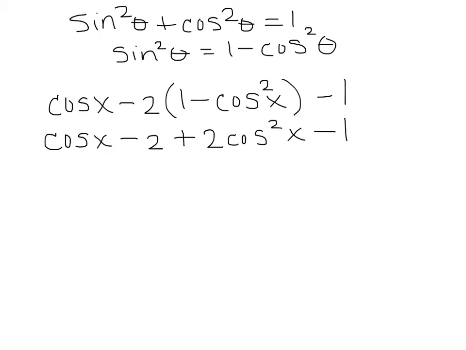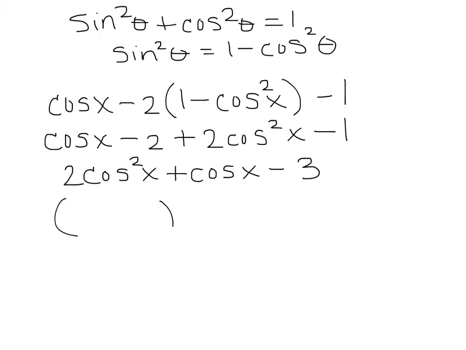If we write this in descending order and combine like terms, we end up with 2 cosine squared x plus cosine x minus 3. We now have to factor this trig expression.